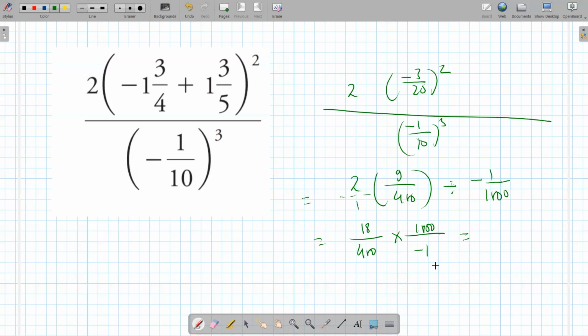How do I do that? So you just do 18 times 1,000. Divided by bracket open 400 times negative 1.